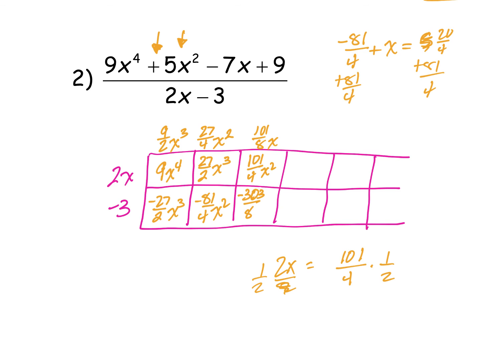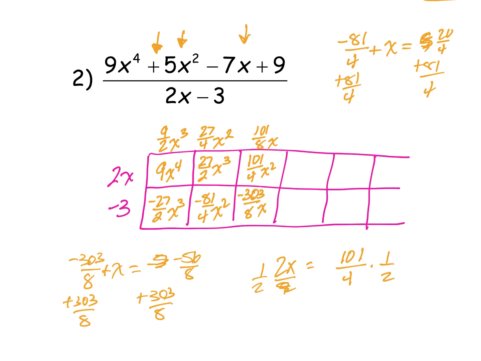Negative 303 eighths x. So again, what do I add to negative 303 eighths to get negative 7? If I add 303 eighths to both sides, 8 times 7 is 56, so this would be negative 56 eighths.